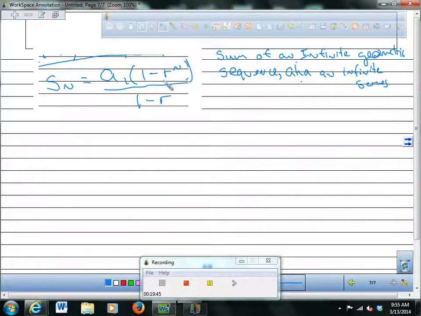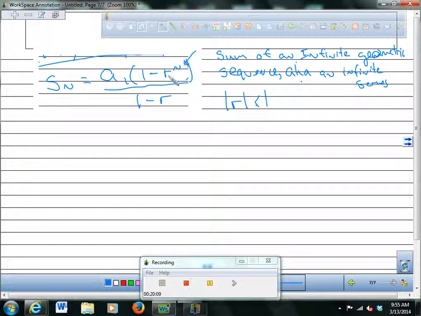So think about it. It's kind of like in the last problem. If the absolute value of r is less than 1, meaning you're multiplying by a number less than 1 each time, as this n number gets very, very big, what's a fraction raised to a huge power?